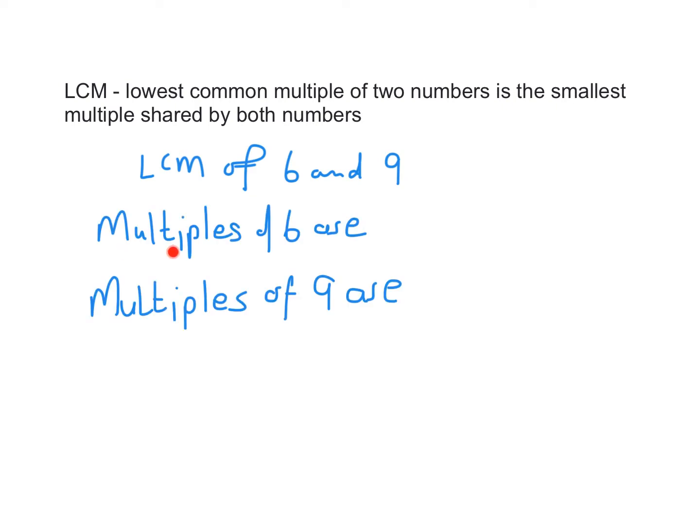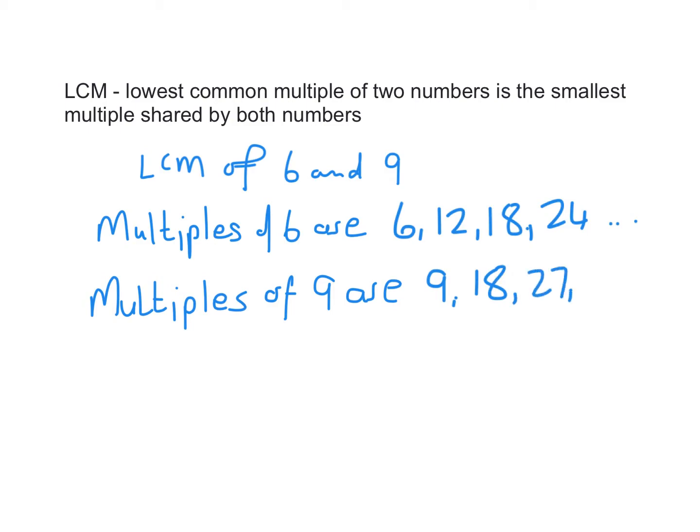I would list all the multiples of 6 and all the multiples of 9. Some multiples of 6 are 6, 12, 18, 24, and they go on. Some multiples of 9 are 9, obviously, 18, 27, 36, and they go on.